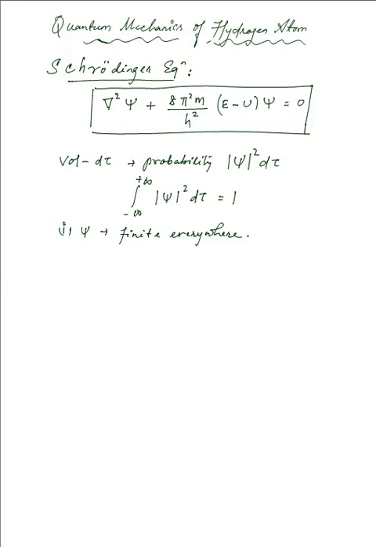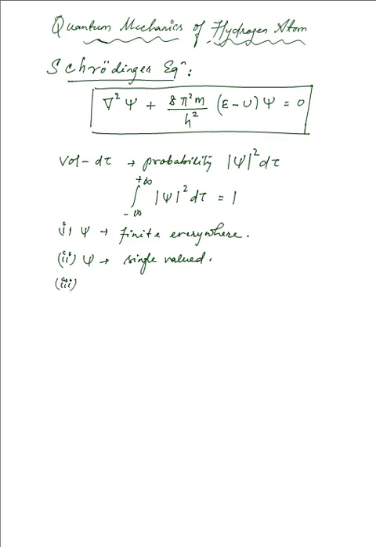As you know, the uncertainty principle tells us that you cannot determine the position and the momentum simultaneously for a microscopic particle. So psi must be finite, or maybe 0, at any given point. Secondly, it must be single valued. If it has more than one value at a point, it would mean more than one value of probability of finding the particle at that point, and that is obviously ridiculous.